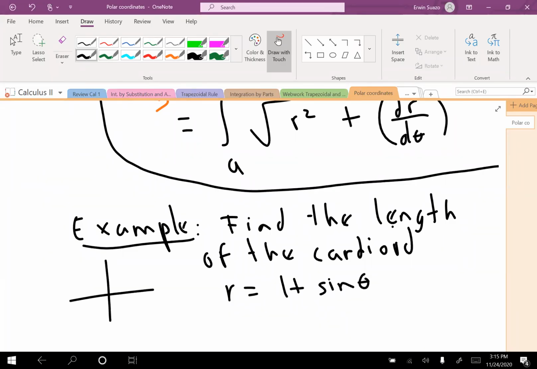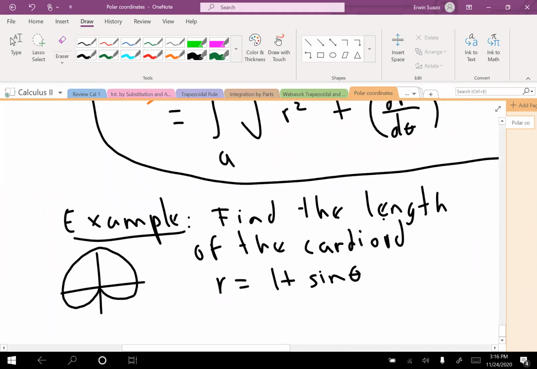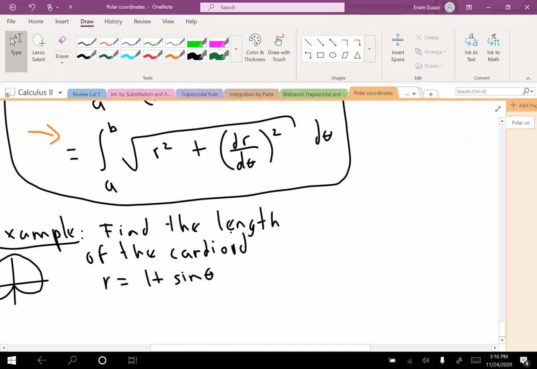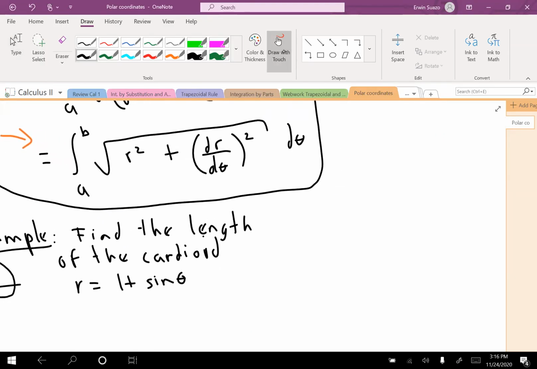And this one looks like this. So this is the integral, and then you put r squared.